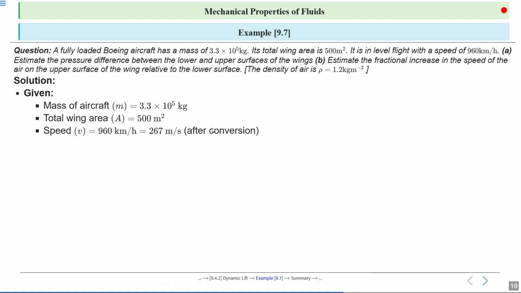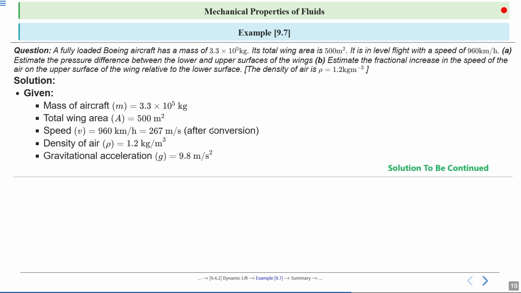Now here speed is given in kilometer per hour, so we need to convert it to meter per second. So just multiply by 5 by 18. So it will be 267 m/s after conversion. Density of air ρ = 1.2 kg/m³. Gravitational acceleration g = 9.8 m/s². Alright.